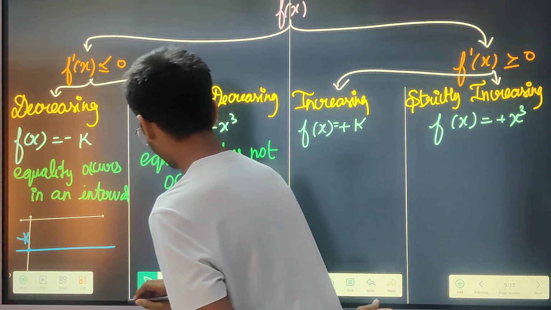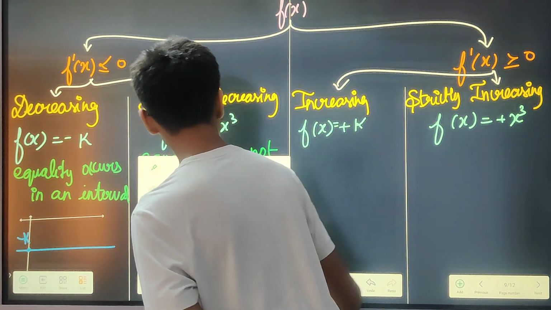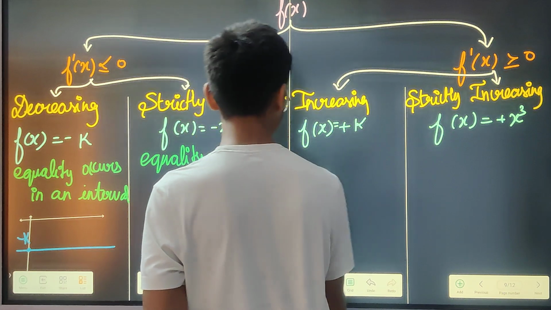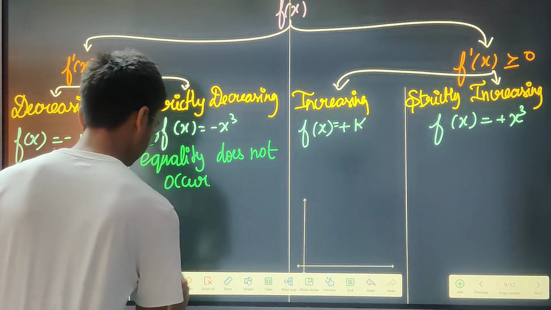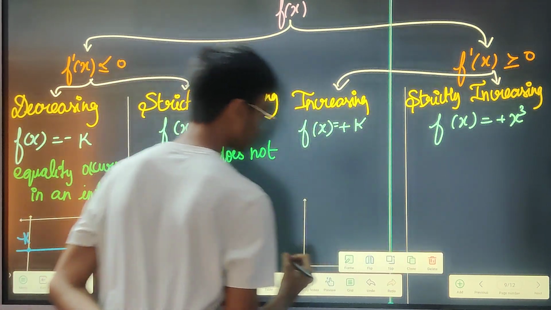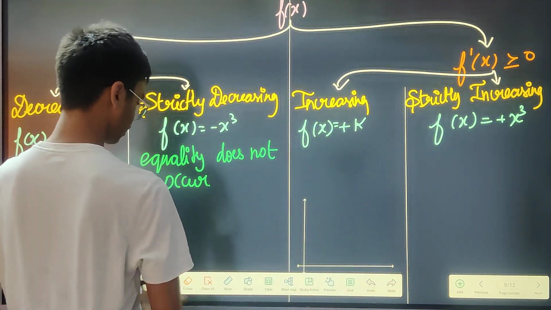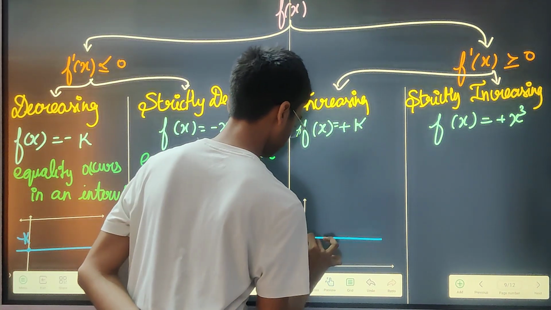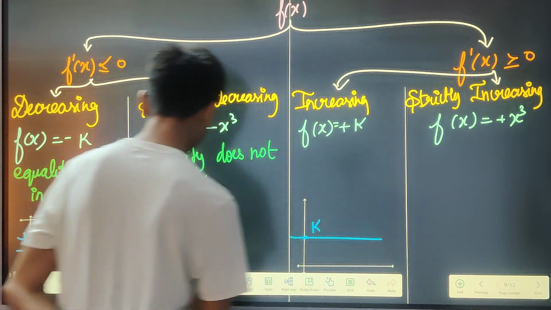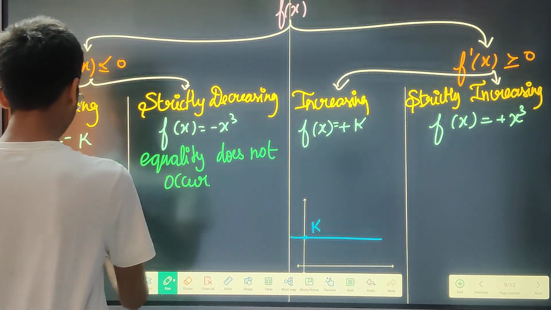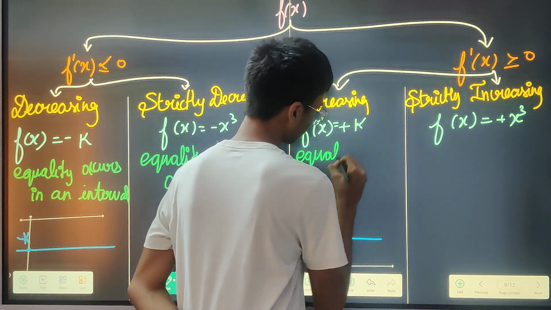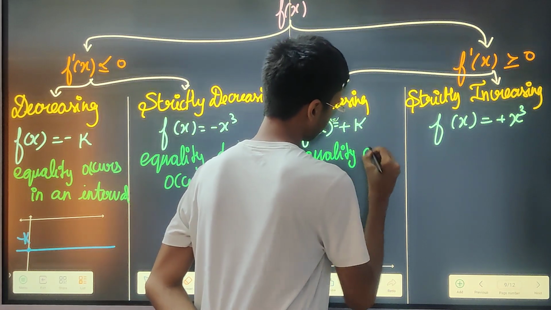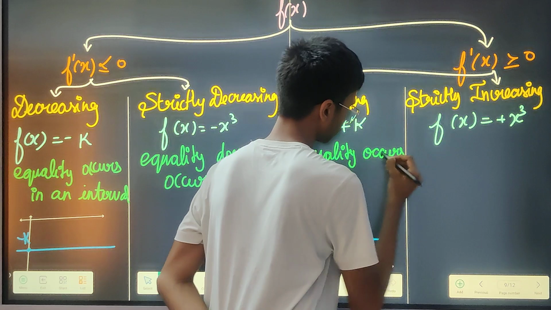The graph is going to be a little bit different, but same only. So this is going to be k, and in this place equality occurs in an interval.